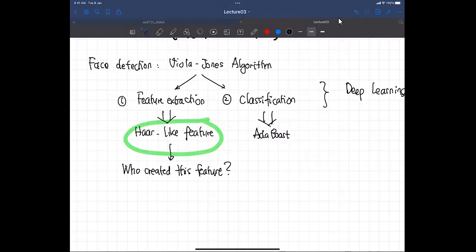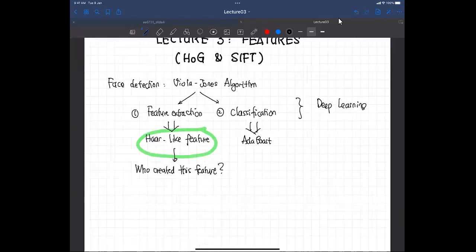And that makes a difference from the traditional approach. Viola-Jones is a traditional, non-deep learning approach. In deep learning, humans are not involved in the creation of the features. In deep learning, everything is done automatically.